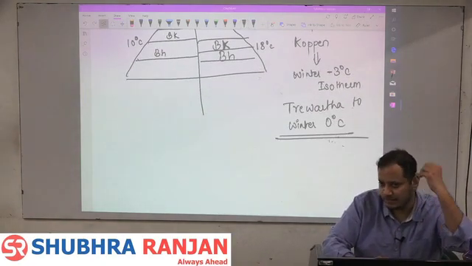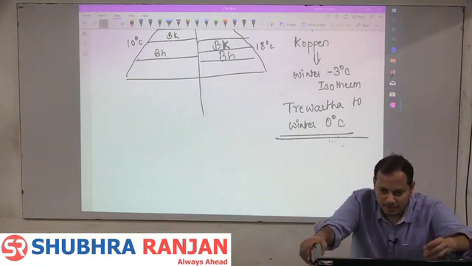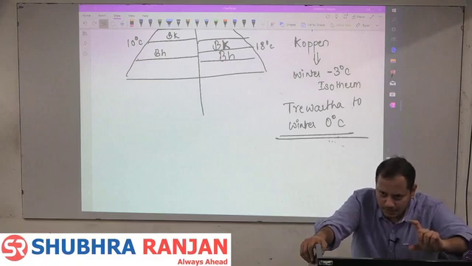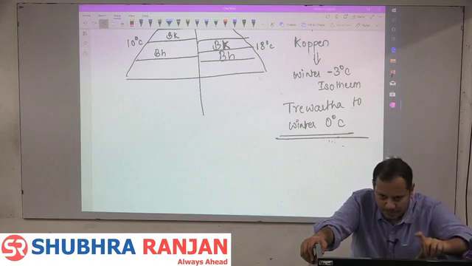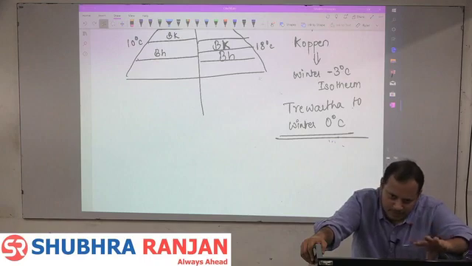For Köppen it is -3 degrees Celsius, which is the boundary during the winters between C and D. Trevartha says no, 0 degree Celsius.